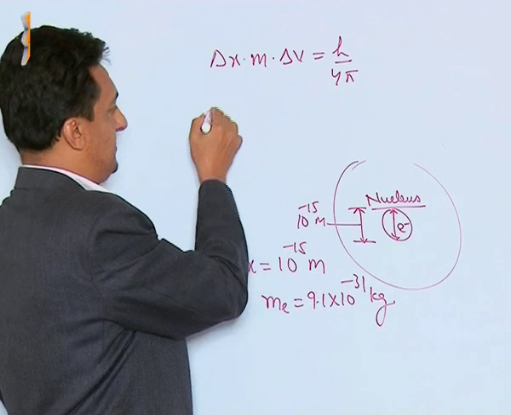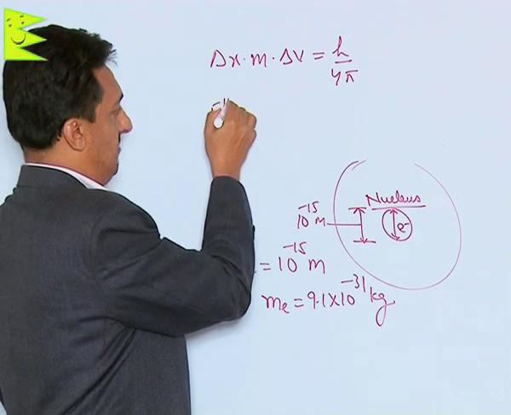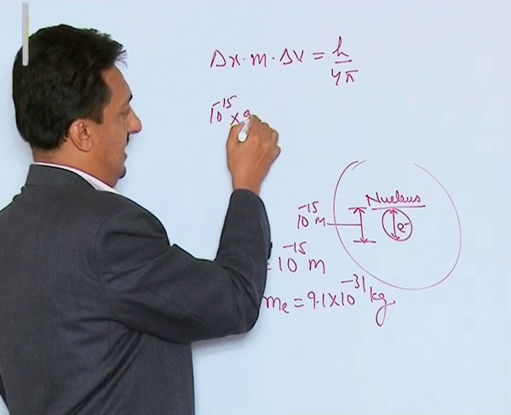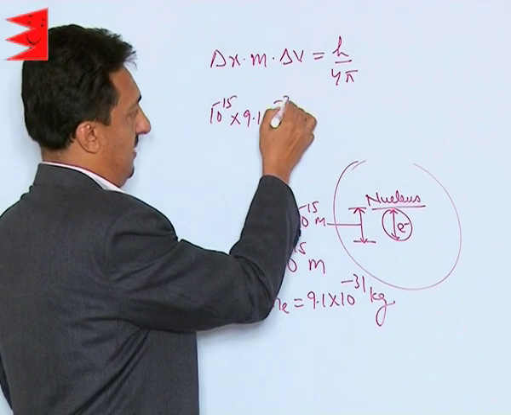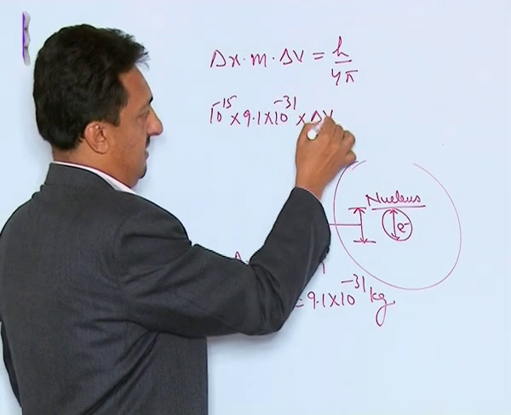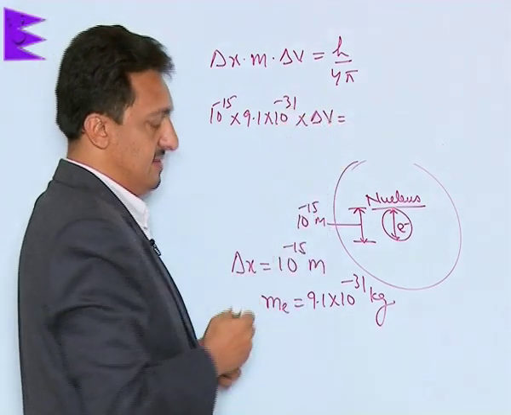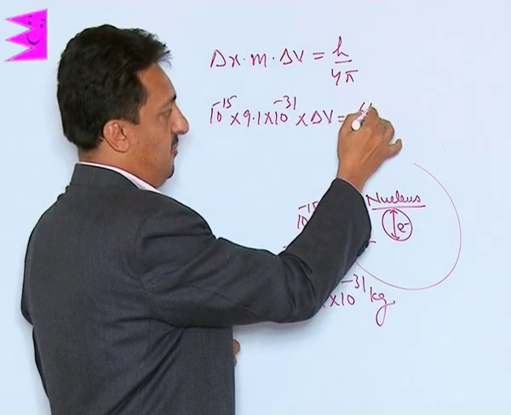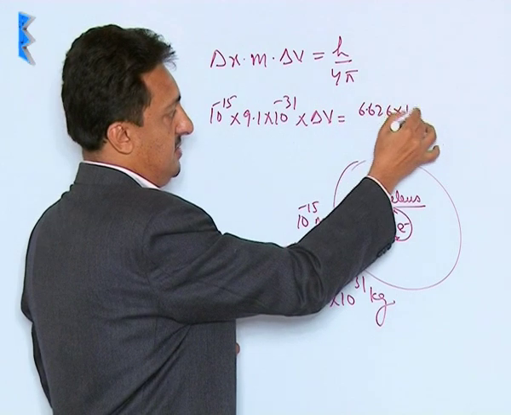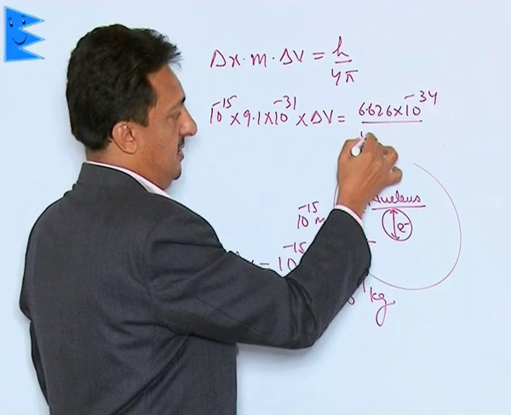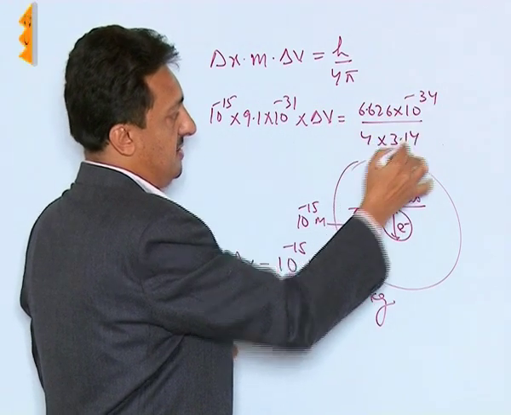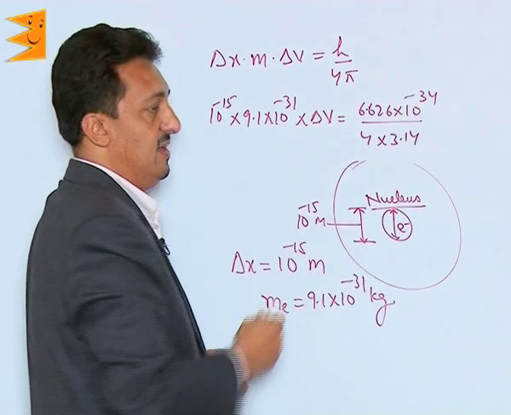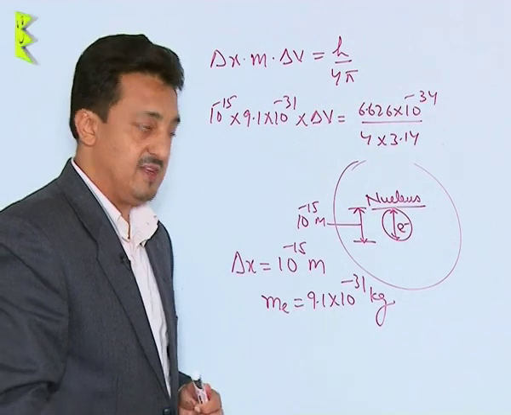Let us put the values. It's 10 to the power minus 15, mass of the electron 9.1 into 10 to the power minus 31, and delta v, the uncertainty in the velocity. And I have told you this whole value, which is 6.626 into 10 to the power minus 34 upon 4 into pi, and pi is 3.14, is 5.2 into 10 to the power minus 35.